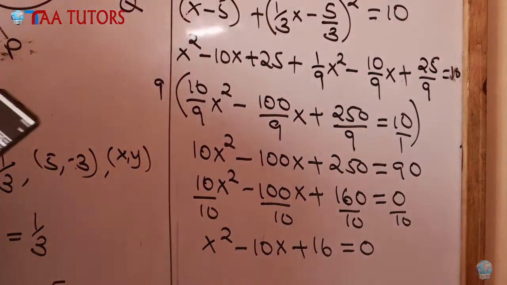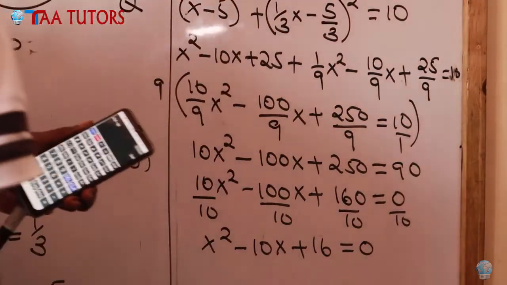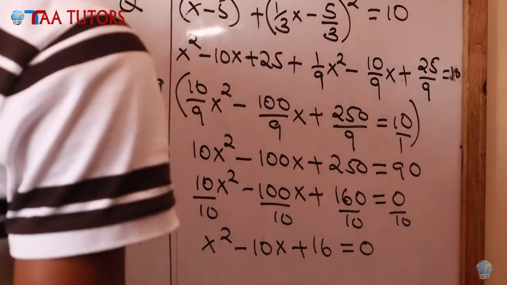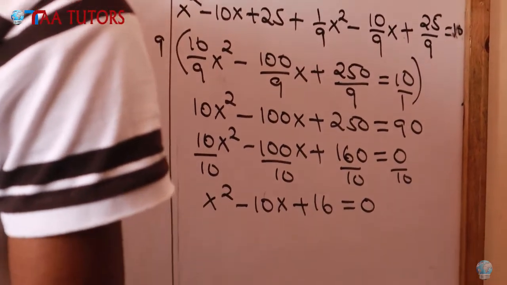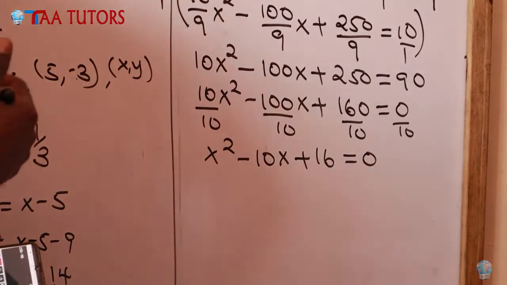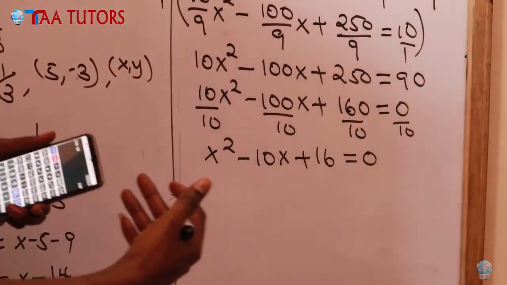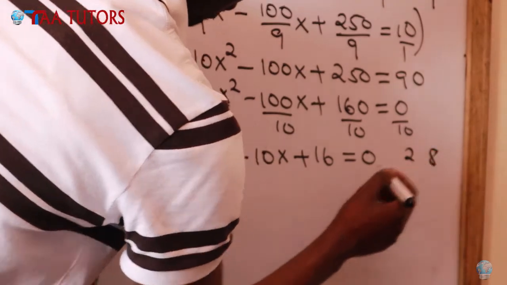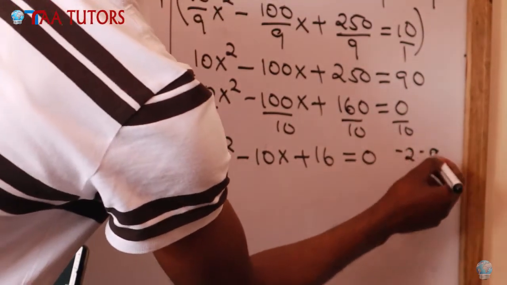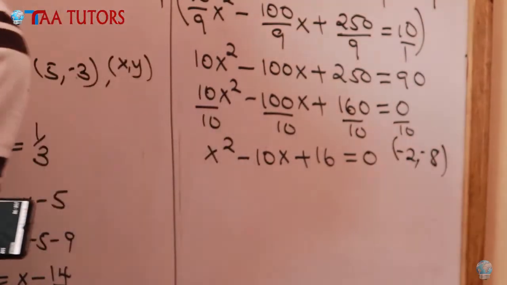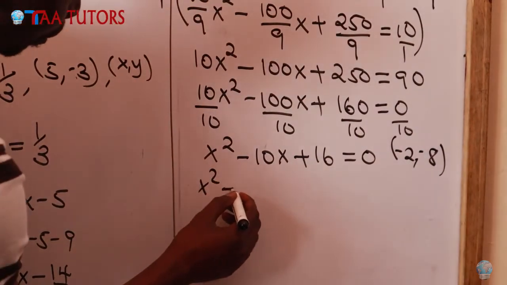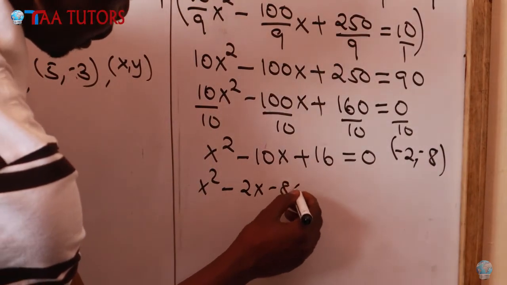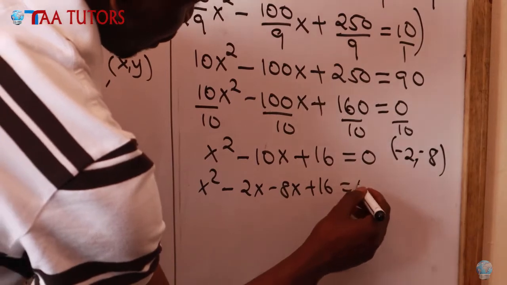So viewers, we have an equation here which we have simplified. Now after simplifying this equation, we can find the two numbers that multiply to give a product of 16, which are 2 and 8. So negative 2, negative 8, are the numbers. So we have x^2 - 2x - 8x + 16 = 0.